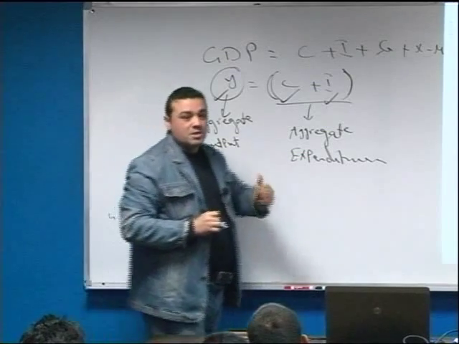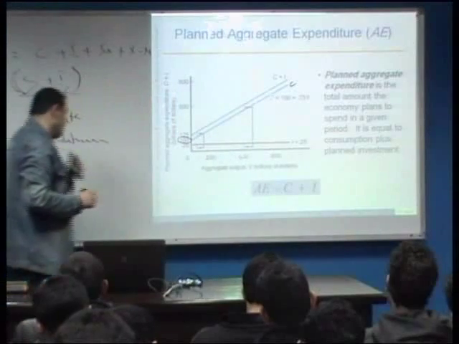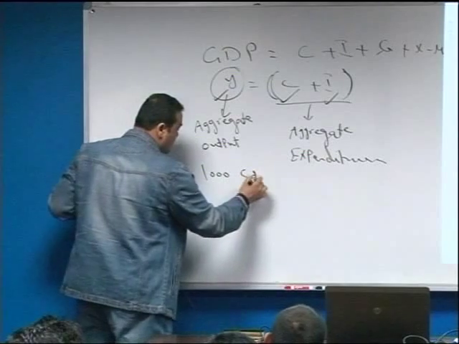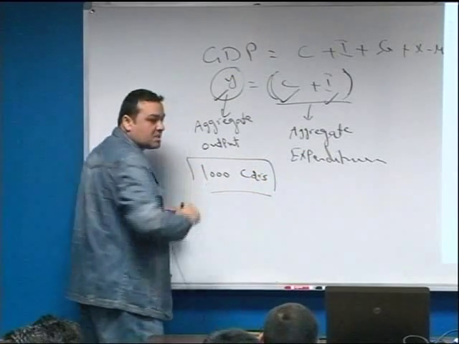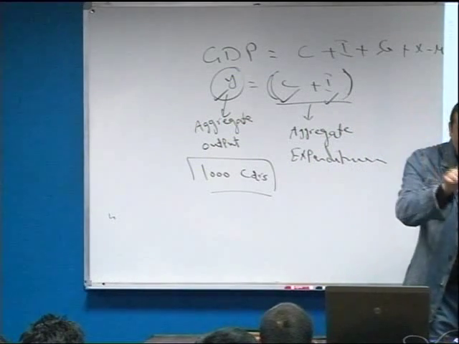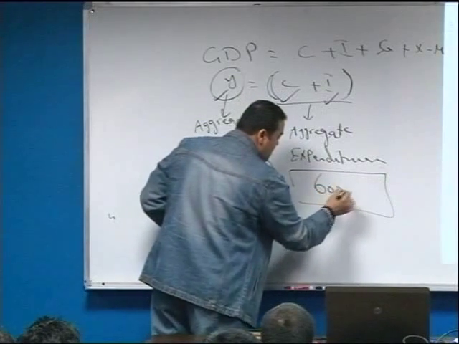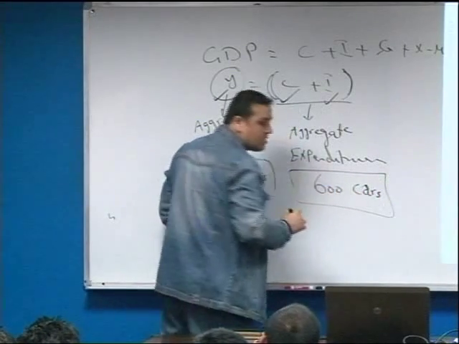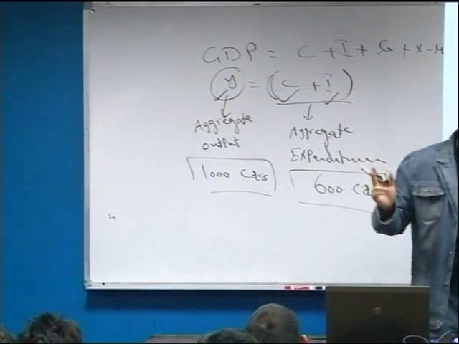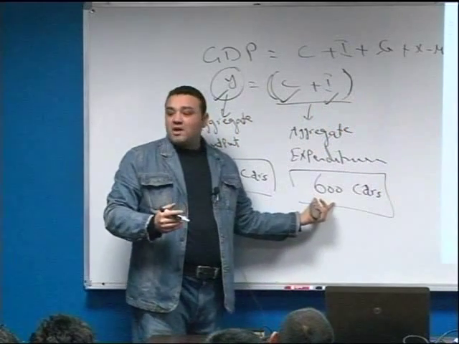Suppose that we produced 1,000 cars. This is the aggregate supply or the aggregate output, right? And suppose the aggregate demand or the aggregate expenditure was 600 cars. So here we have what? Excess supply of goods, right? This means we have a surplus of 400 cars.